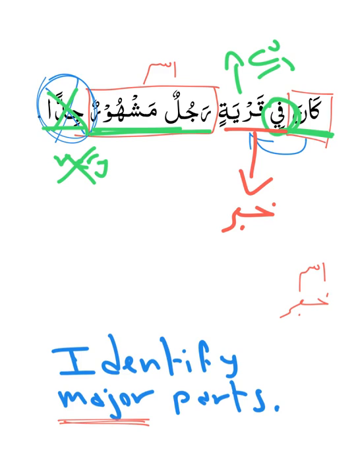Jiddan, understand that it's for ta'keed, it's for emphasis. And who is it emphasizing? Famous man. He was very famous. So jiddan is connected to the ism, not the khabar. So now we know what is what. The translation is extremely easy.